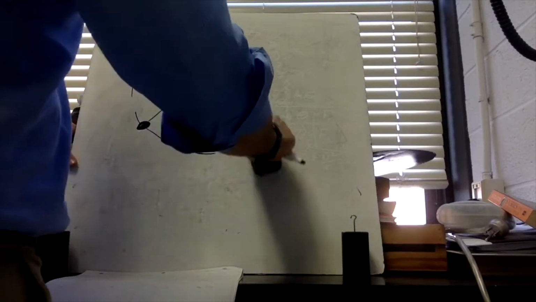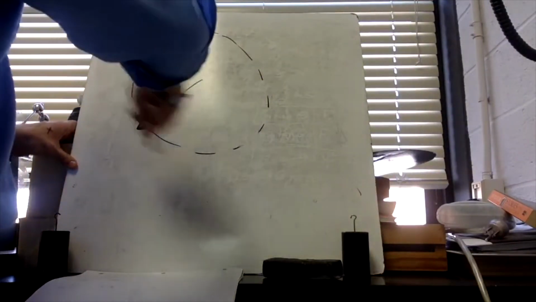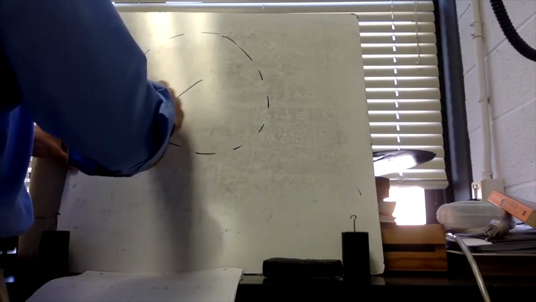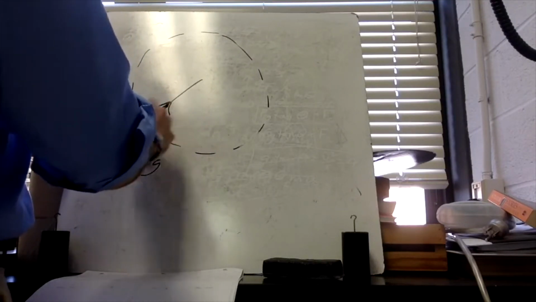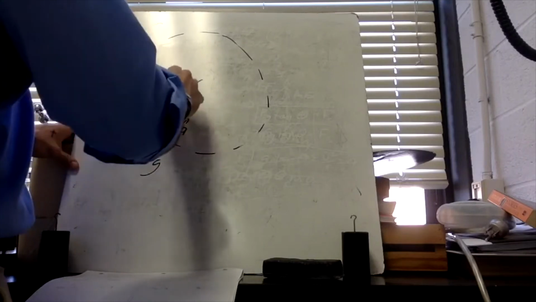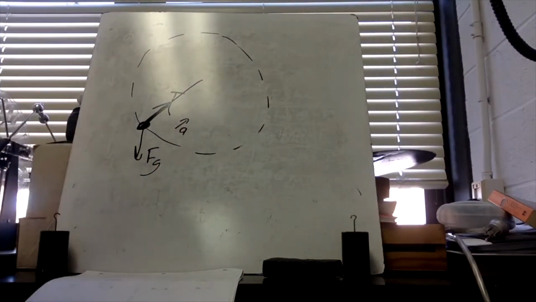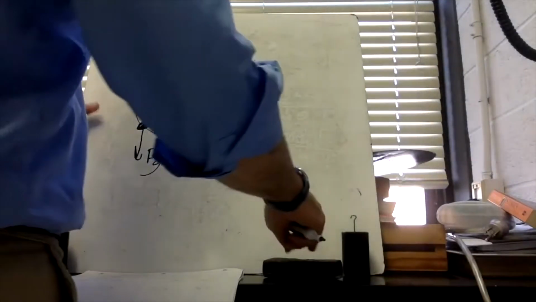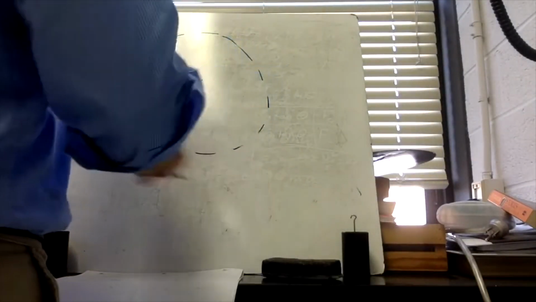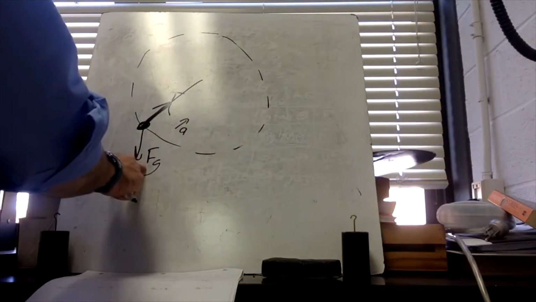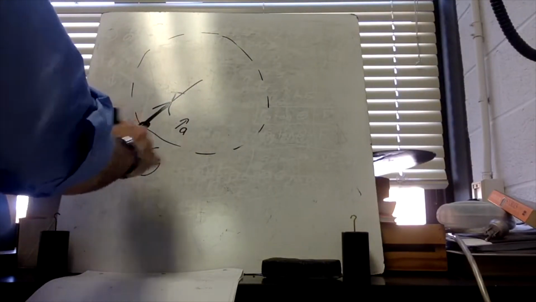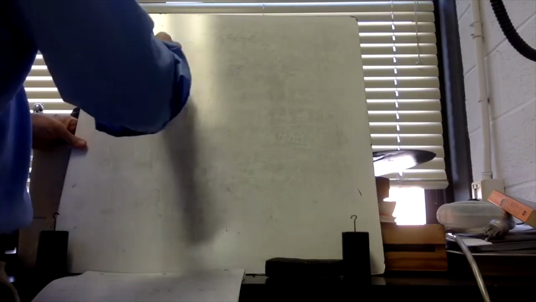So, let's see, what does this look like? The free body diagram then. If I have a string going around like this, then this is the direction of the tension. This is the direction of the force of gravity. And so the direction of the acceleration is that way. Here's the tension. What I'm going to do is break up Fg into components. So let's redraw this where we can break this down.